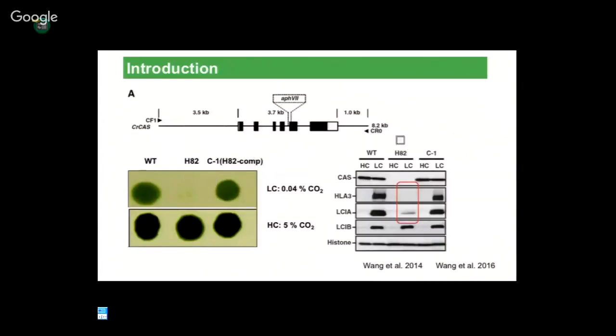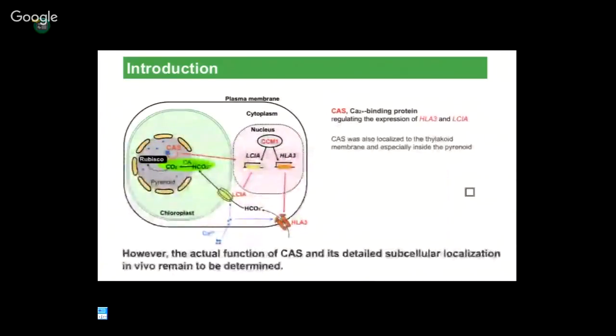In H82 cells, the accumulation of HLA3 and LCIA was decreased. In C1 cells, the accumulation of these proteins was recovered. We believe CAS is essential for the operation of the CCM by regulating the expression of LCIA and HLA3.